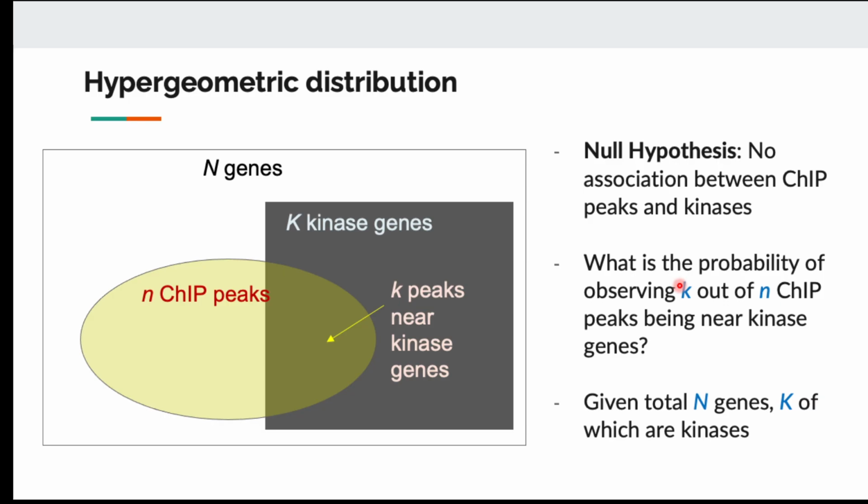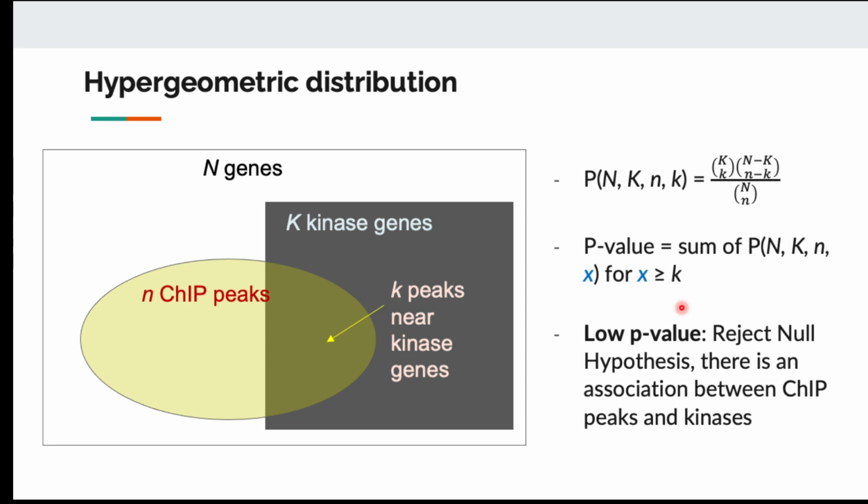What's the probability that I'm going to observe this by chance? Given the information that in an organism like human there are 20,000 genes, and we know that some of them are kinases, what's the probability that I'm going to get this experimental data? And this can be described with the hypergeometric distribution.